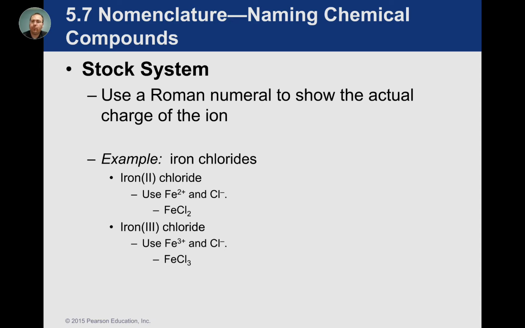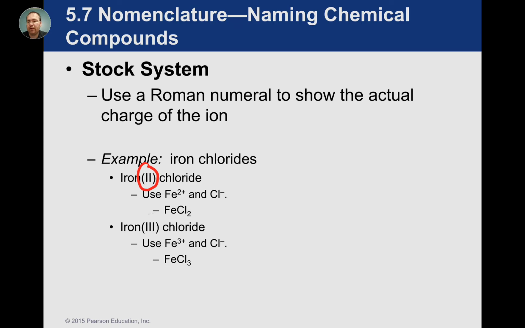More recently, we've converted the Latin system into what we call the stock system. The stock system is a whole lot nicer because we actually use in parentheses the charge of the actual cation. So there is no guesswork of who's a 3, who's a 2, who's a 1, who's a weird 2/2 like mercury. In the stock system, if you want iron 2, they literally say iron Roman numeral 2.